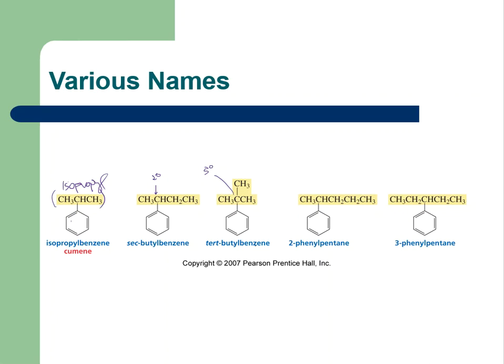And then here we see a 1, 2, 3, 4, 5, and then this 6-membered ring. So this one's kind of flippity-floppity. You can name it either way, however you want. The problem here is that with a 5-membered ring, we can't really call this sec-pentyl. And the reason is because that's also a secondary, but that sec-pentyl would be different than that sec-pentyl. So using a word like sec-pentyl does not work. So because of that, we really look at this pentane ring and we call it pentane for the parent chain.